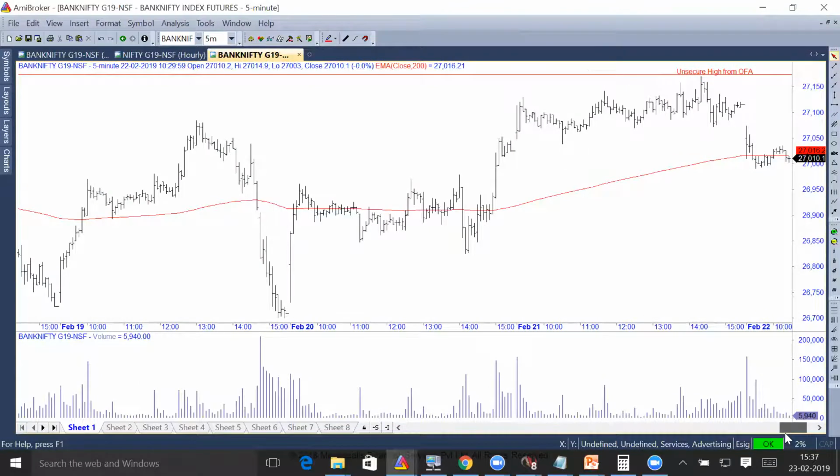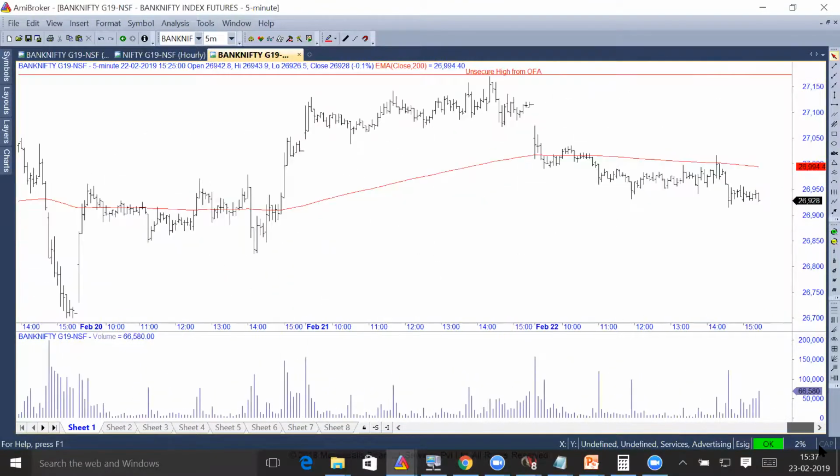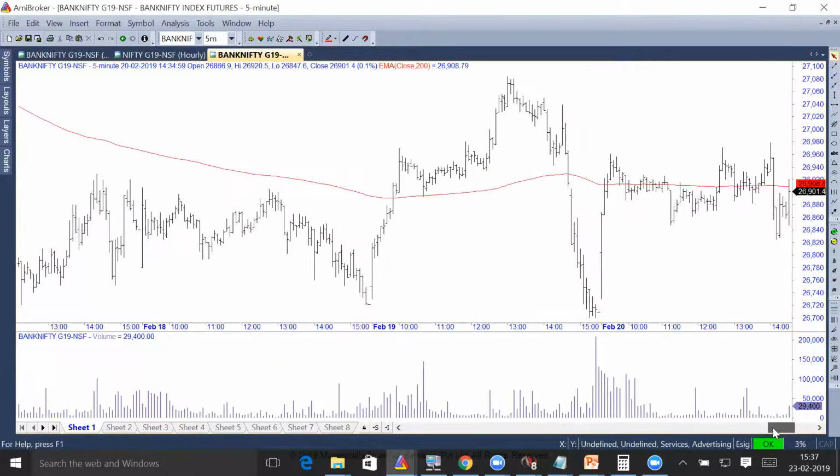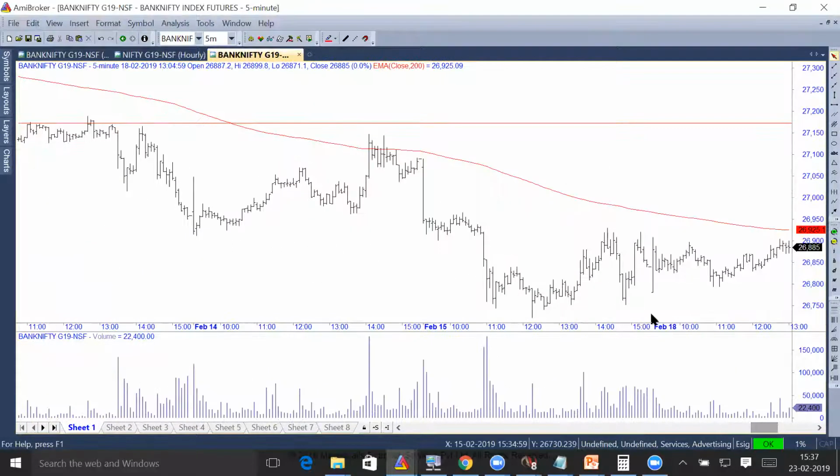So this is the Bank Nifty chart, and a couple of days back we've seen this. One of the places where the price is hitting a zone and creating a momentum auction reversal. Not every time it hits a 200-day moving average will you see this.